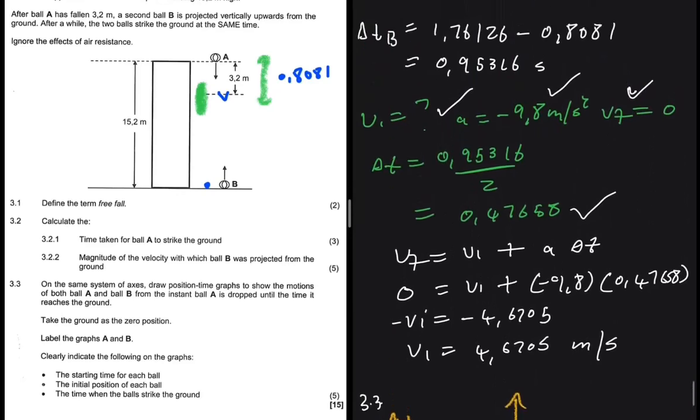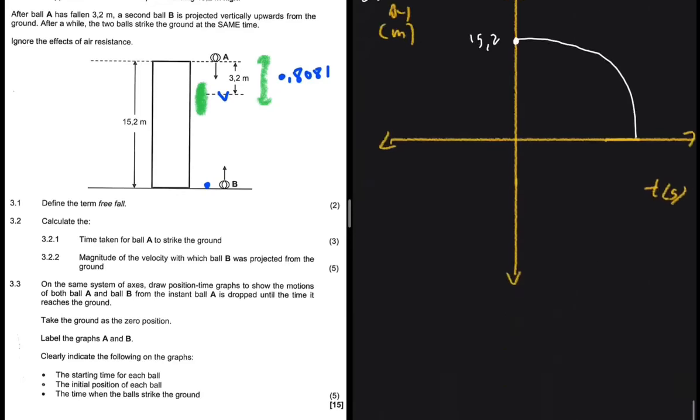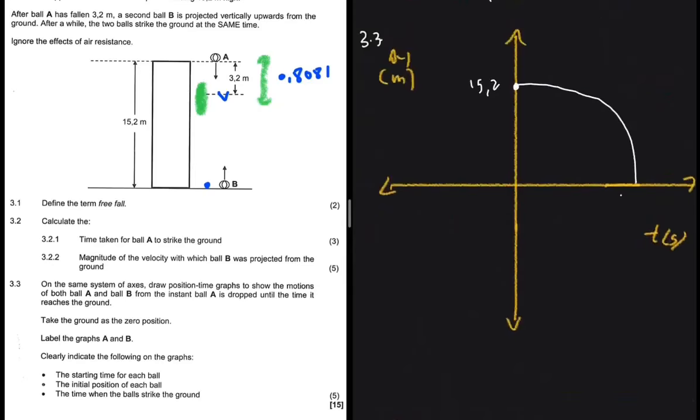It takes 1.76 seconds for that motion. So we have 1.76 seconds, right? And then now we have to go to ball B. So ball B is only projected 0.8 seconds later. So we have 0.8 here, right?